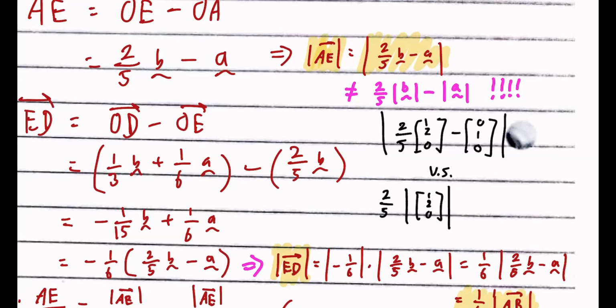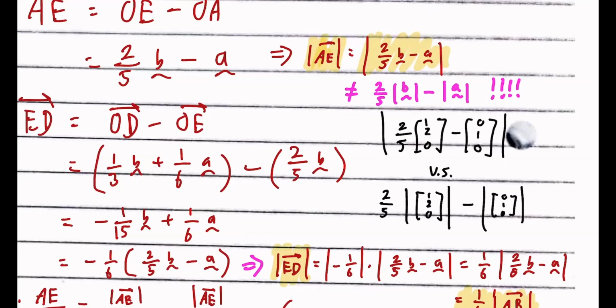Like this, and then you minus away the modulus of the other one, 0, 1, 0. I don't think they are equal. I hope they are not equal. Let's see. Not equal, okay. So basically, you cannot split up whenever there's a plus or minus.